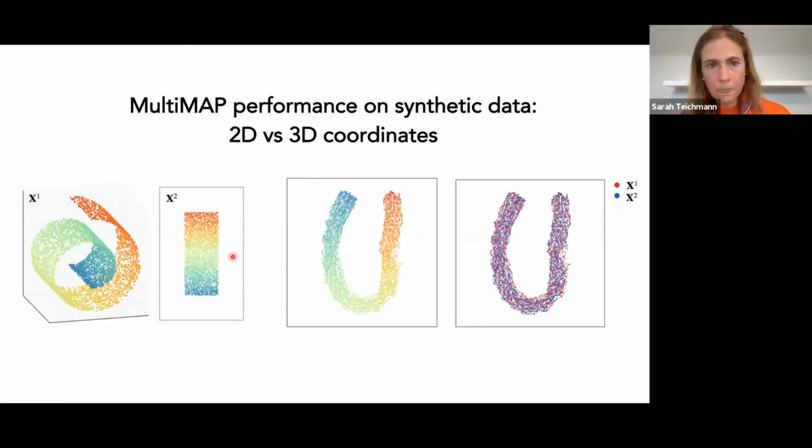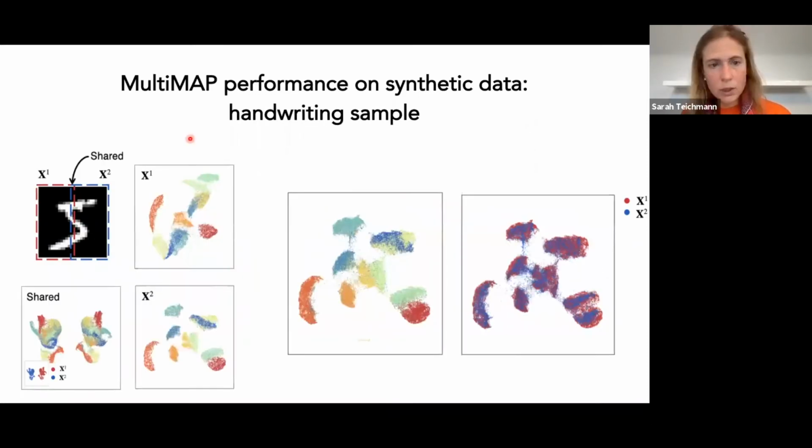If we use the MNIST handwriting example for the digits 0, 1, 2, 3, 4, 5, 6, 7, 8, 9, you see 5 here. Each color is a different digit, 0 to 9. And what we're considering here is just 2 voxels in the middle, on the left and the right hand side.